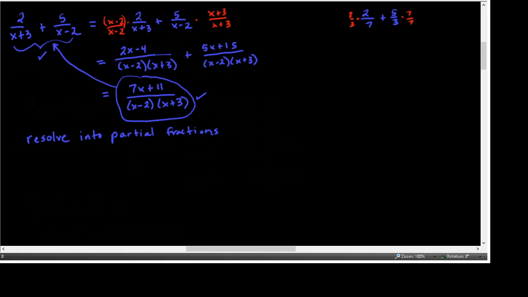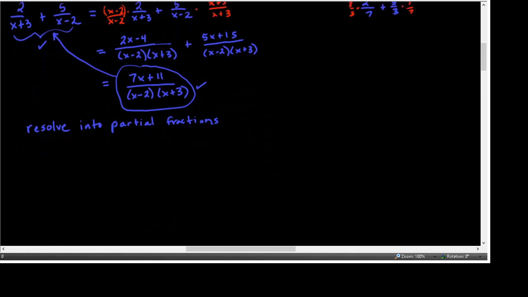Okay, so let's go about this in kind of an organized fashion. I'm actually going to start with this one that we had because we know what the answer is supposed to be, and that will kind of inform us about the technique of resolving into partial fractions, to sort of think through the process we just did somewhat in a backwards fashion.